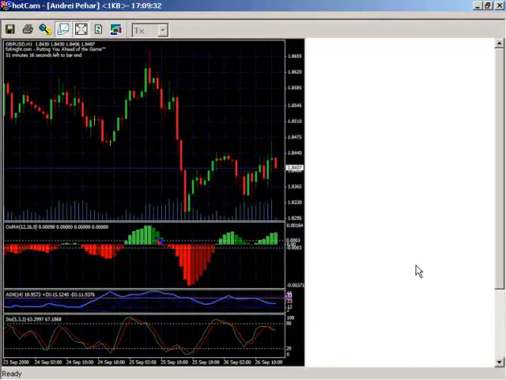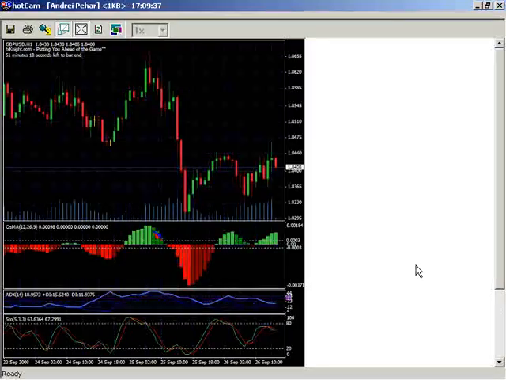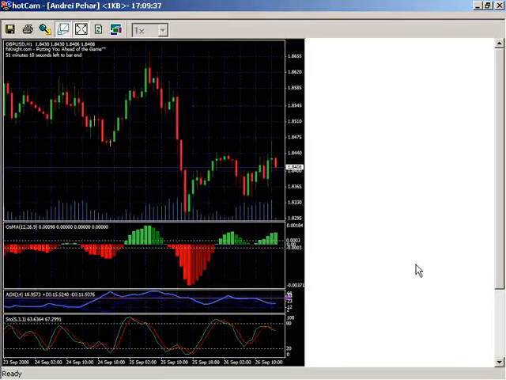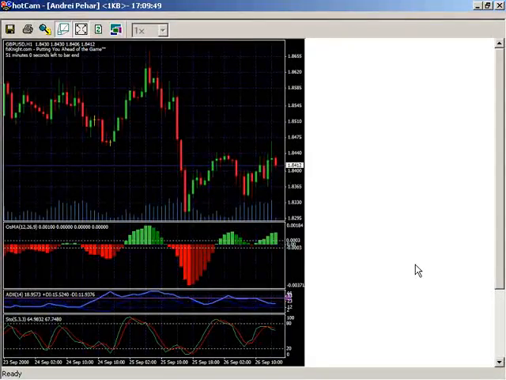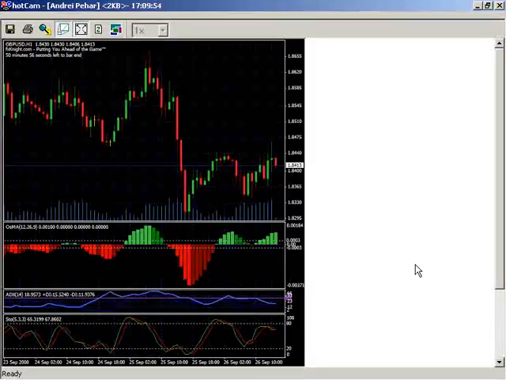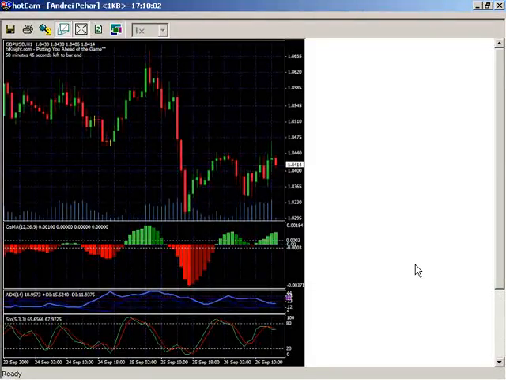And I like the color changes, so I don't have to squint to see if a bar is taller or shorter. I can see it with the color change. But if you don't have OSMA, use the MACD. They tell you almost the same thing, specifically the histogram portion of the MACD. OSMA stands for Oscillator of Moving Averages. MACD stands for Moving Average Convergence Divergence. They use a slightly different formula to measure essentially the same thing.